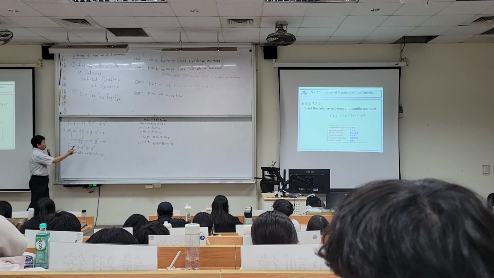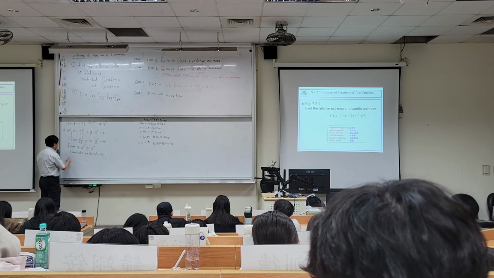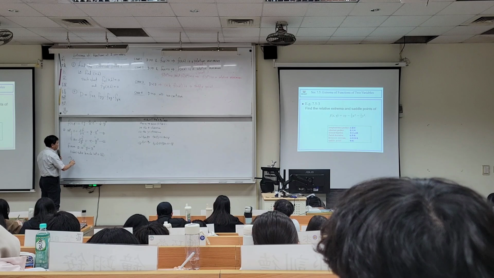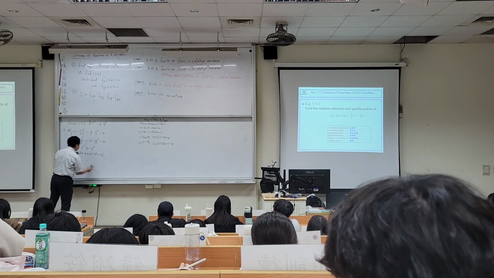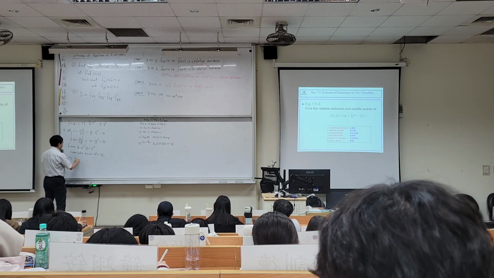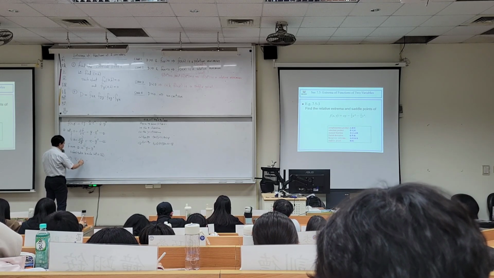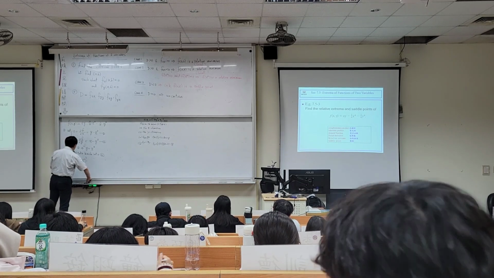So I substitute y equal to x cubed into this. I imply x minus x cubed to the cube, and that's 0.